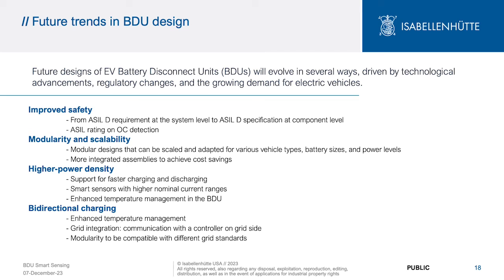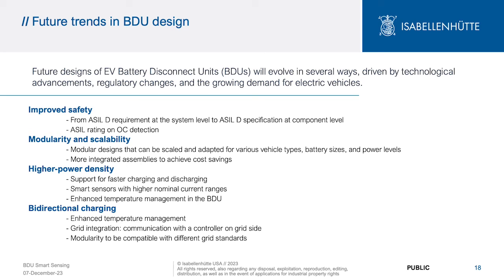Another factor here is that we have to talk about grid integration and possibly even communication with a controller on the grid side. And depending on how high the integration is of the modules used in the BDU, like the smart sensing module, this can affect the smart sensing module as well.